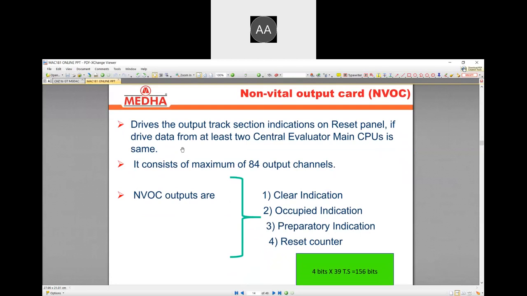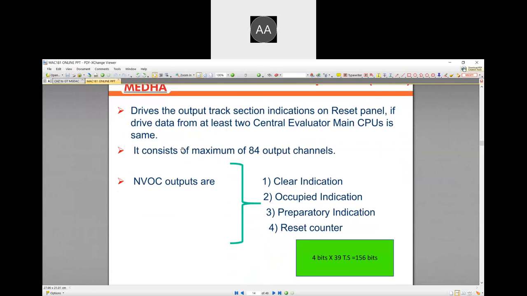Basically, the non-vital card will get all this information. For every track circuit, whether it is clear, occupied, preparatory is given or not, or reset is done or not, these 4 bits are common for all the 39 track sections. Likewise, for all the track sections, 39 into 4, 156 bits are required.